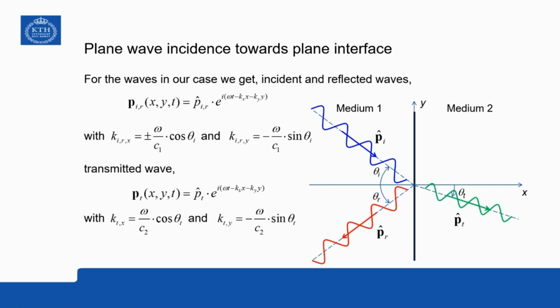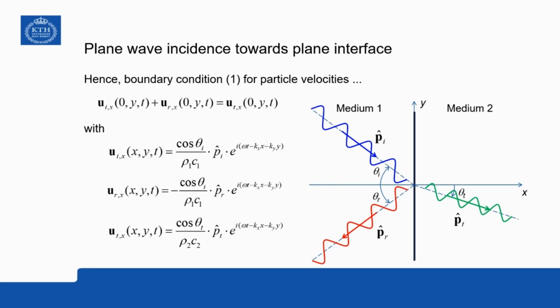So if we introduce these now in the boundary conditions, the first one for particle velocities, we find these three components. The incident wave with cosine theta i, the reflected with minus, since we have a propagation in the opposite x direction, and for the transmitted with cos theta t here.